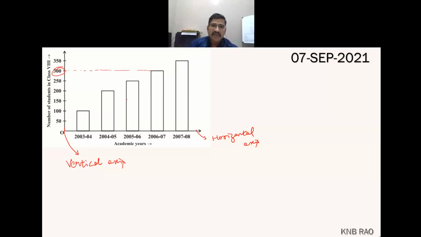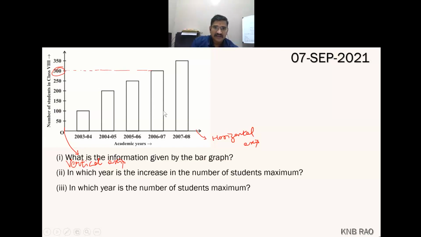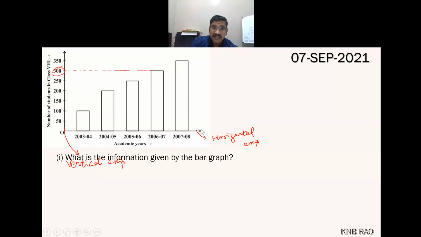Here in this vertical bar graph, if you want to say how many students are there in the academic year 2006 and 7, I'll say it is 300, because the height of the bar is 300 on the vertical axis.